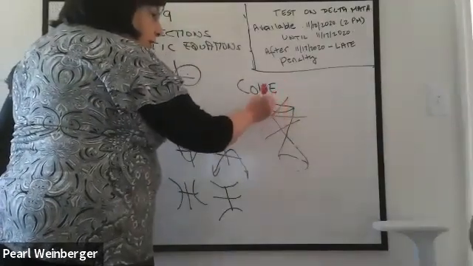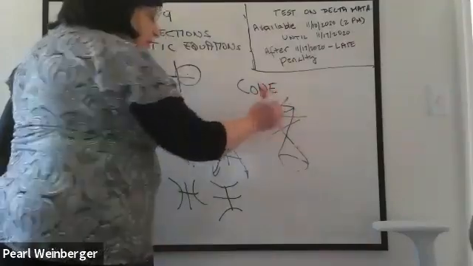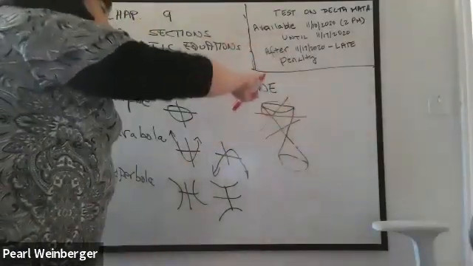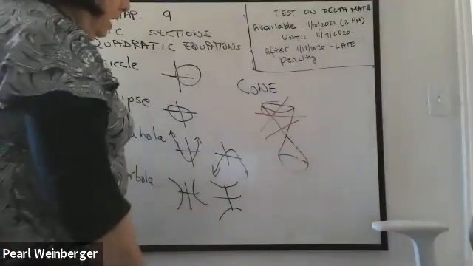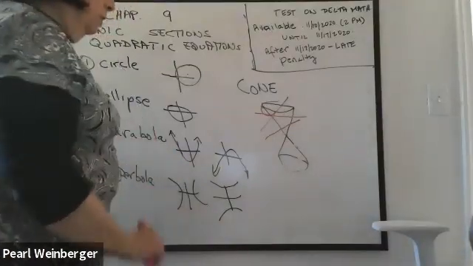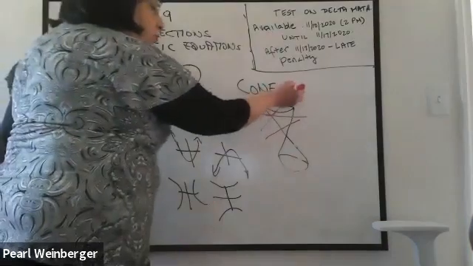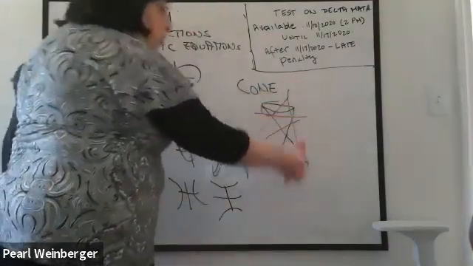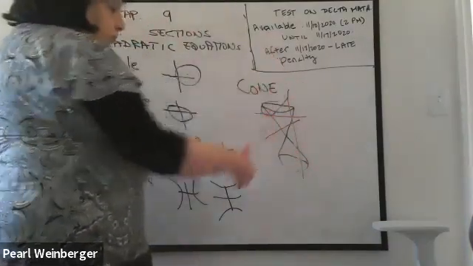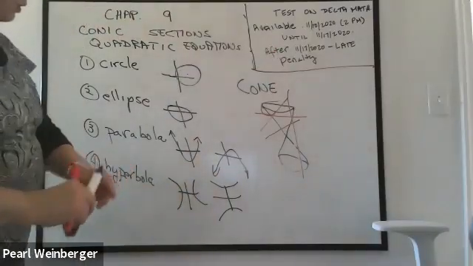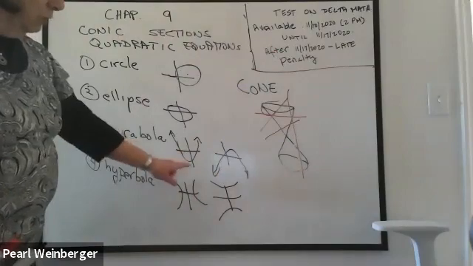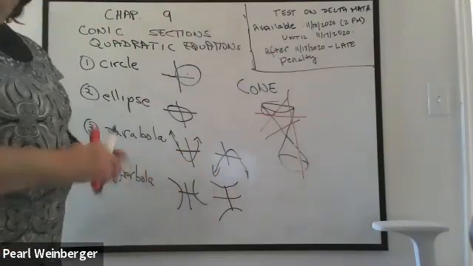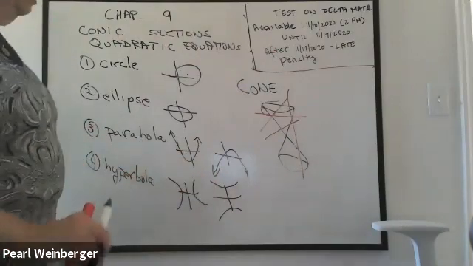You would get this U shape. So you would get a parabola. And if you cut straight down, so you cut both of the cones, you get something like this. One curve going this way, one curve going that way. In other words, you get a hyperbola.